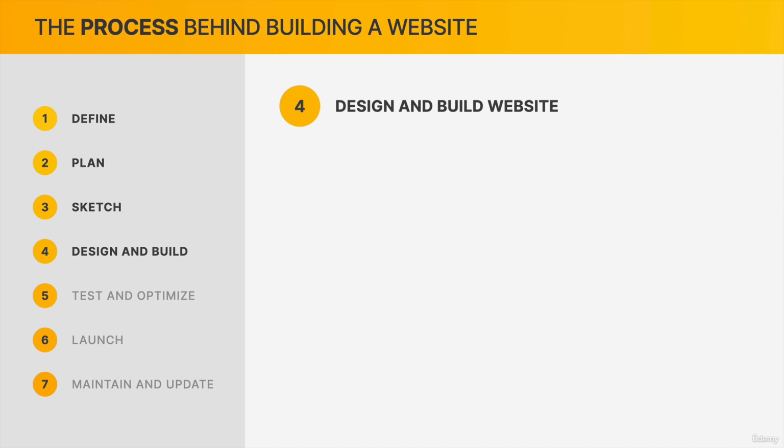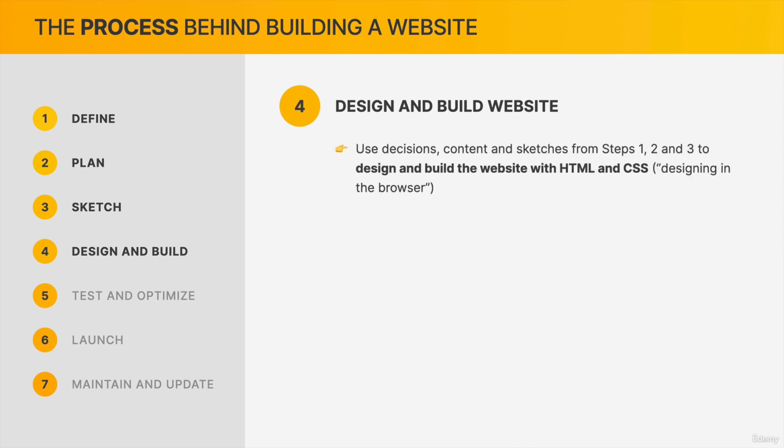So here you finally take your plan and your content and the sketches that you did before in steps 1 to 3 and use them to design and build the project with HTML and CSS. And usually what I like to do, as I mentioned way back, is using a process called designing in the browser. So basically having just the rough sketches that I explained before and then do the actual design in code.